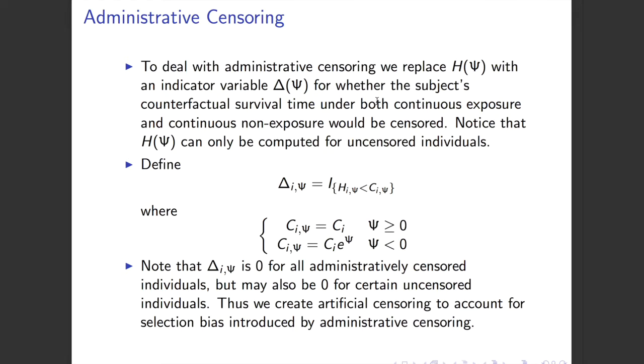Had they, contrary to fact, not been treated that entire time, they would have reached failure time, say, earlier. And so then we would have observed them still. So we would have delta of psi being 1 for that person. And so the idea is we want delta of psi to be 1 for the individuals that we would observe under any counterfactual treatment regimen.